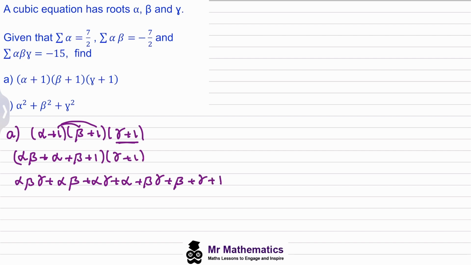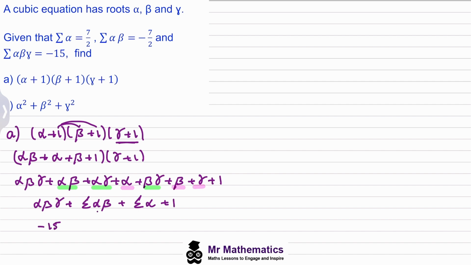So now I can highlight the product of two roots, alpha beta, alpha gamma, and beta gamma. And we can highlight separately the product of individual roots, alpha, beta, and gamma. So we can write this as alpha beta gamma, plus the sum of the products of two roots, plus the sum of the individual roots, plus 1. We know this value is -15.